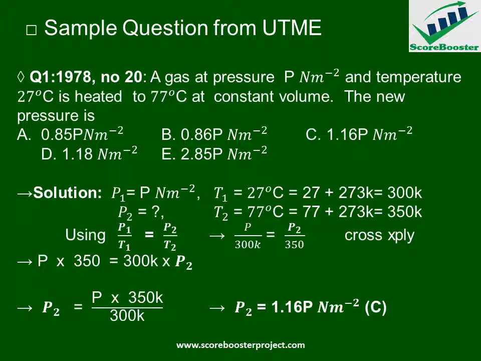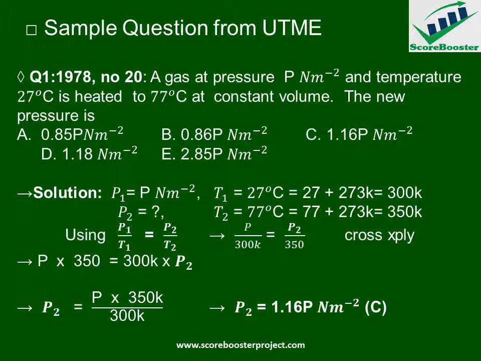Now the next is to proceed to the Pressure Law formula, which is P1 over T1 equals P2 over T2. So we substitute: P1 is P Newton per meter square over T1, which is 300 Kelvin, equal to P2, which is unknown, over T2, which is 350 Kelvin. So we can cross multiply to get P times 350 equal to 300 times P2.